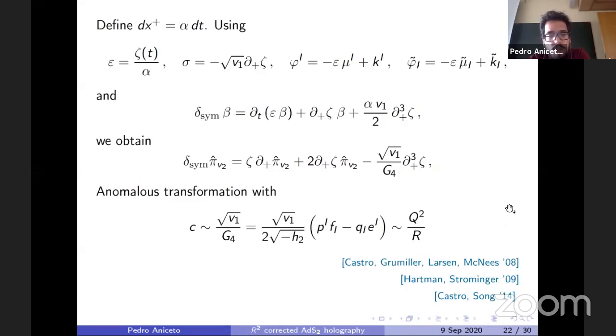And I would just like to also point out that this result is very reminiscent of previous results discussed in two-dimensional holography, namely in a paper from 2008, where they considered a different variational principle, and the central charge in that case, instead of being for the dual operator to the dilaton, was actually for the renormalized holographic stress energy tensor, but it was also of this form.